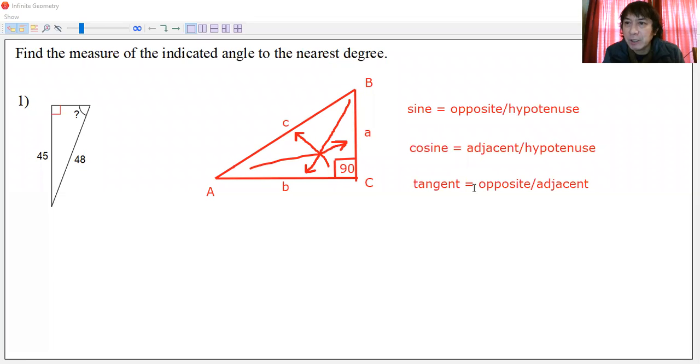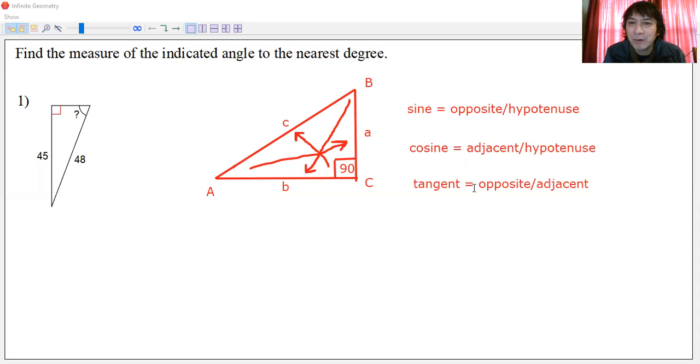All right, sine is opposite side divided by hypotenuse. The ratio of opposite to the hypotenuse, that's sine function. And then next is cosine function, that's the ratio of adjacent side to the angle divided by the hypotenuse. And then of course the third, tangent function, this is the ratio of opposite side to the adjacent side, okay?